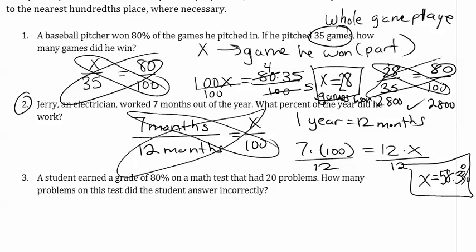And that sounds pretty reasonable when you're comparing 58.33% of 12 months. But just to check anyway, 7 over 12. It's not going to be exact. It's going to be approximate because we've rounded. So we have 58.33 over 100. So go ahead and calculate those. We know that 7 times 100 will be 700.